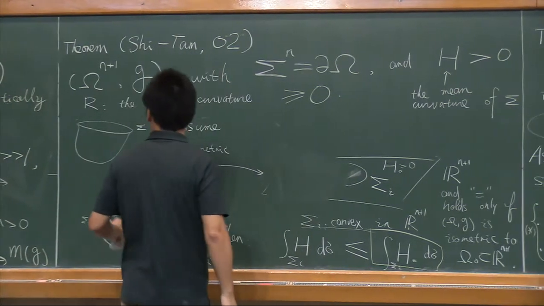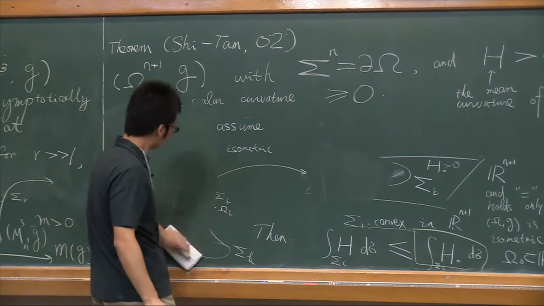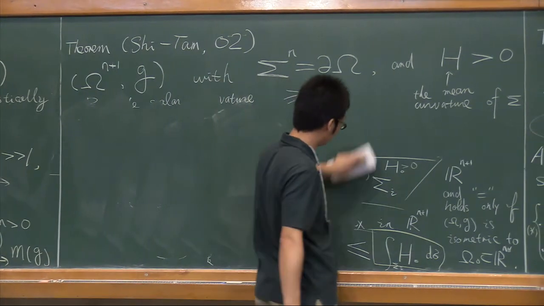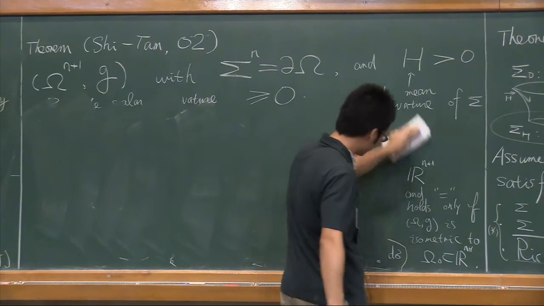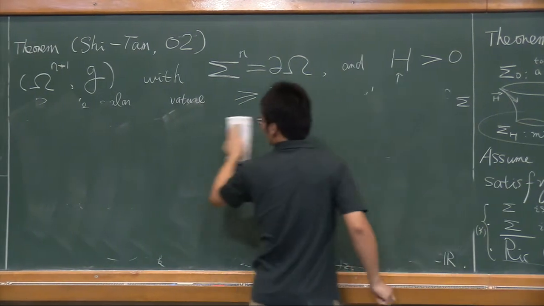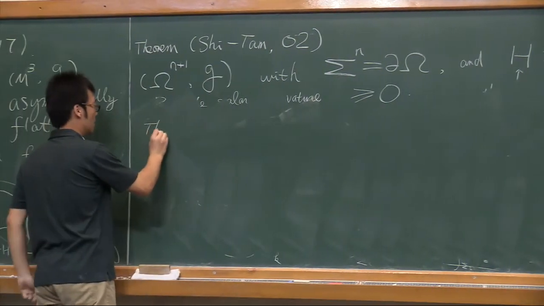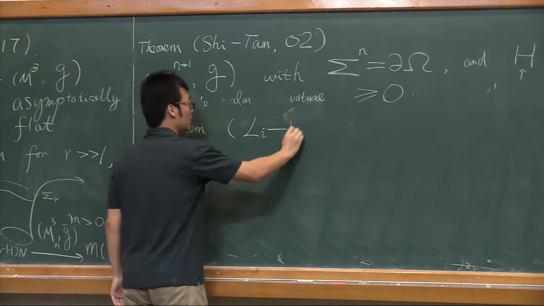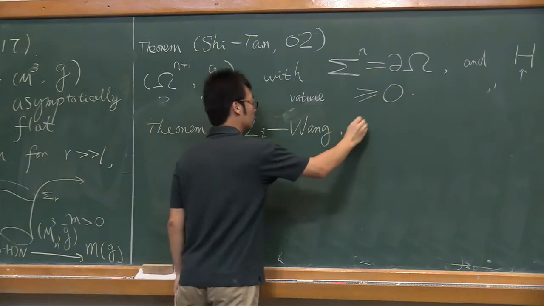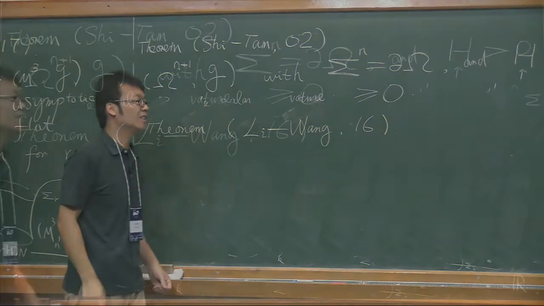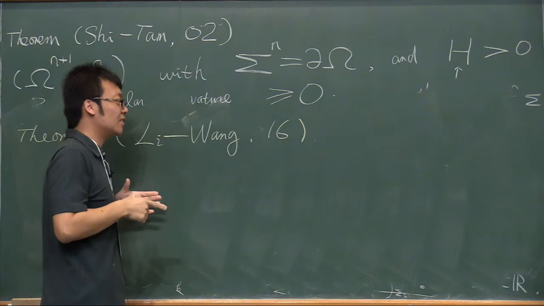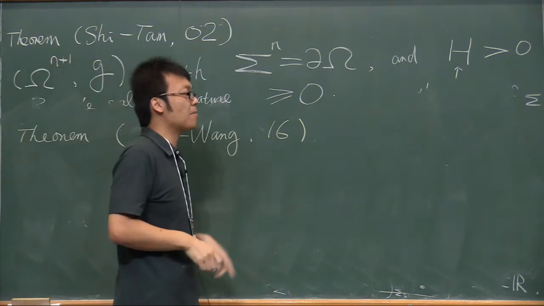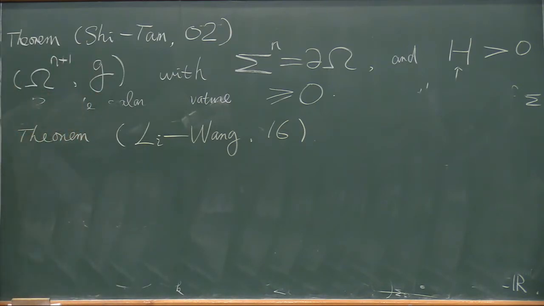On the other hand, it's a very recent result of Chunhe Li and Zhizhang Wang, a theorem of Li and Wang, which says there are metrics on the two-sphere which allow different isometric embeddings into the Schwarzschild manifold.